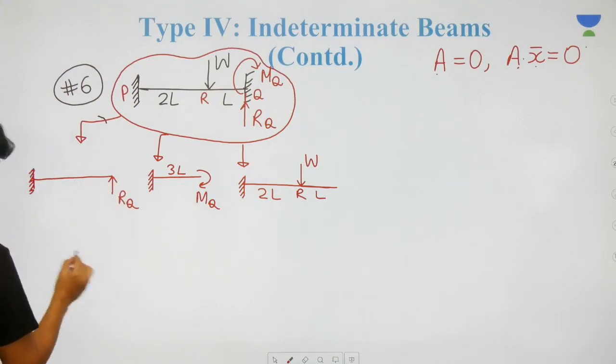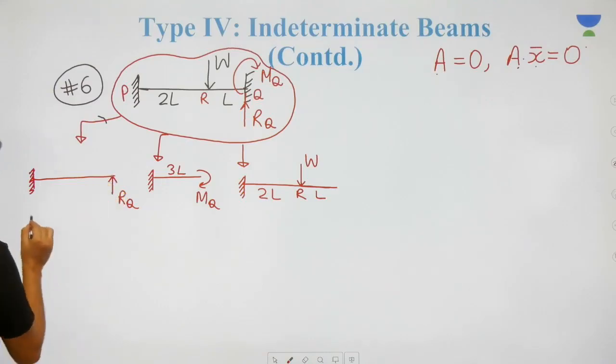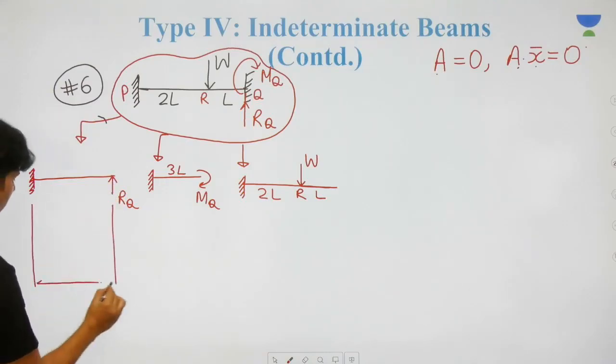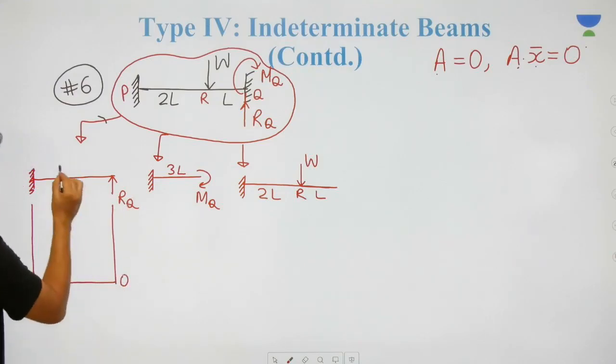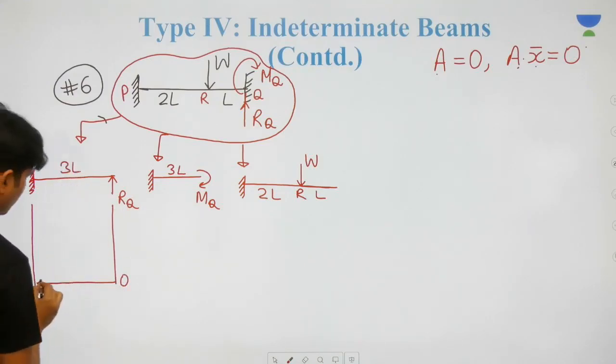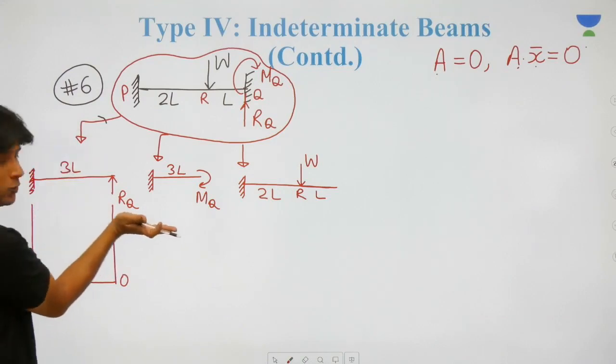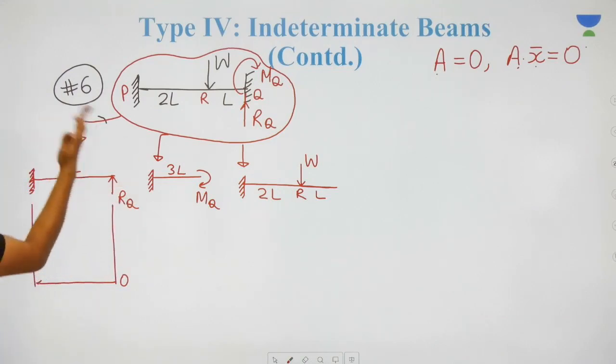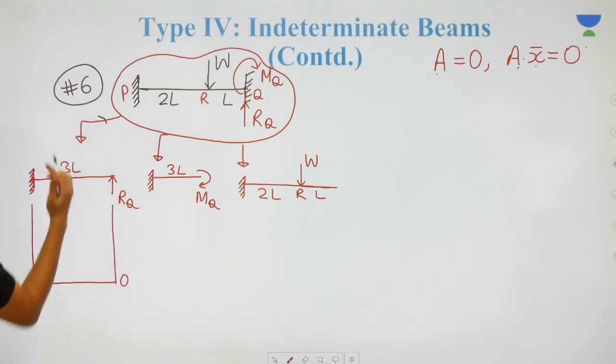For this one, the bending moment will be 0 here, and here it will be RQ multiplied by 3L, positive. Alright, this is sagging of the beam.